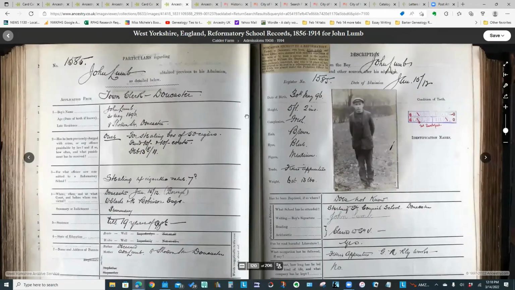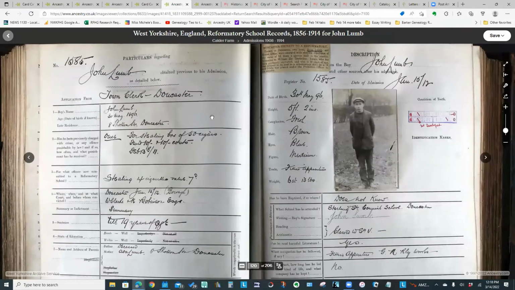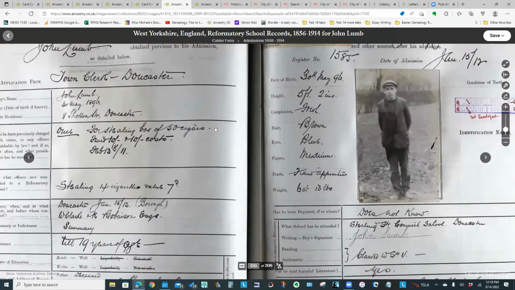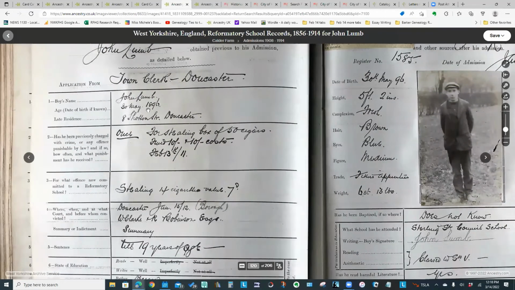And the left-hand page gives the details, gives his name, his date of birth, which is fabulous. So he was born May 30th, 1896. It gives his last residence. It says whether he has been charged with a crime before.